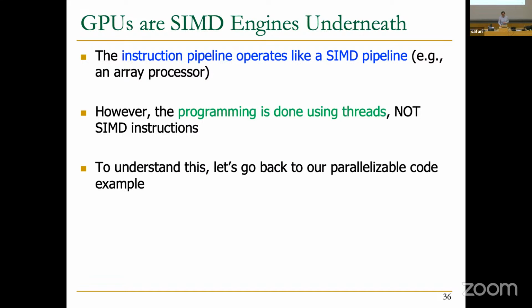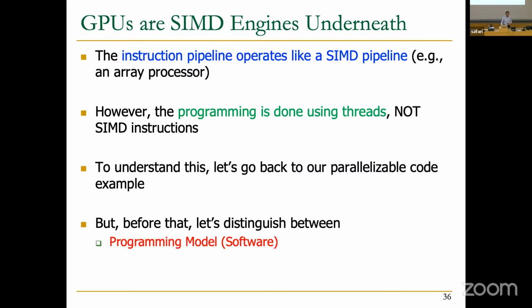So let's go back to our parallelizable code example, which I really like. But before going to that, let's distinguish between different things: the programming model in software versus the execution model in hardware. These two things are very different. And we've seen examples of this, right?